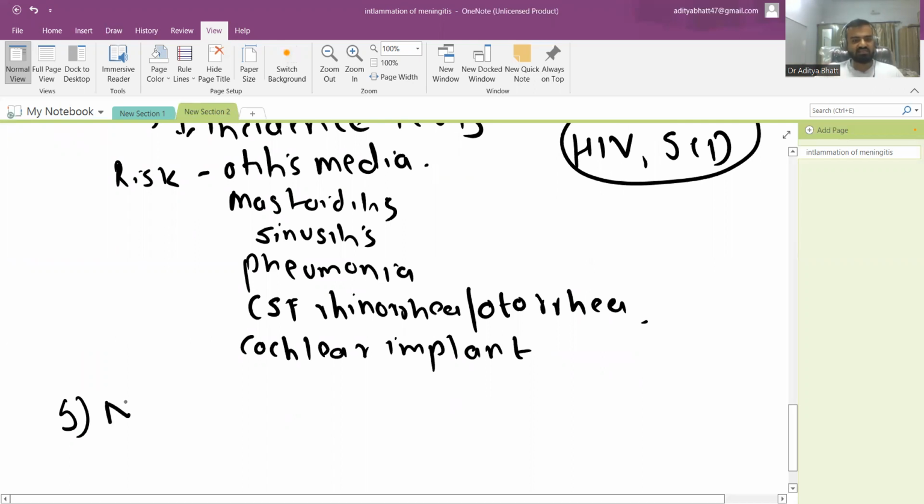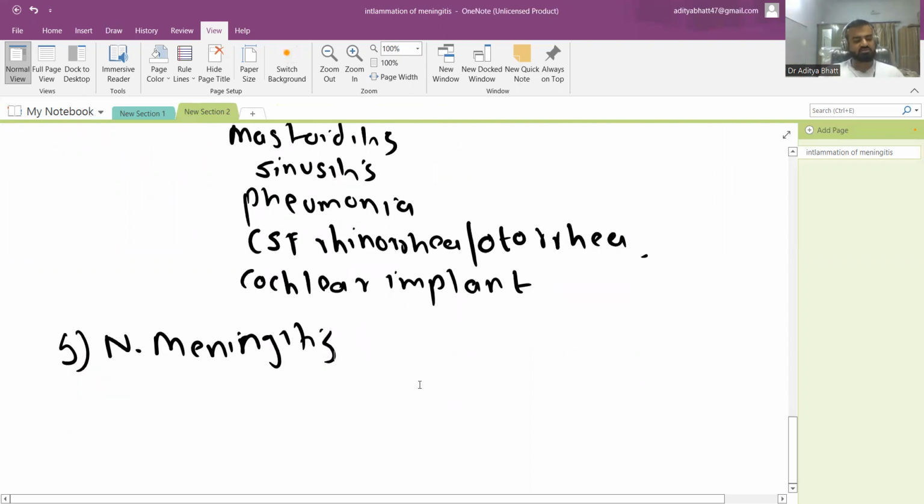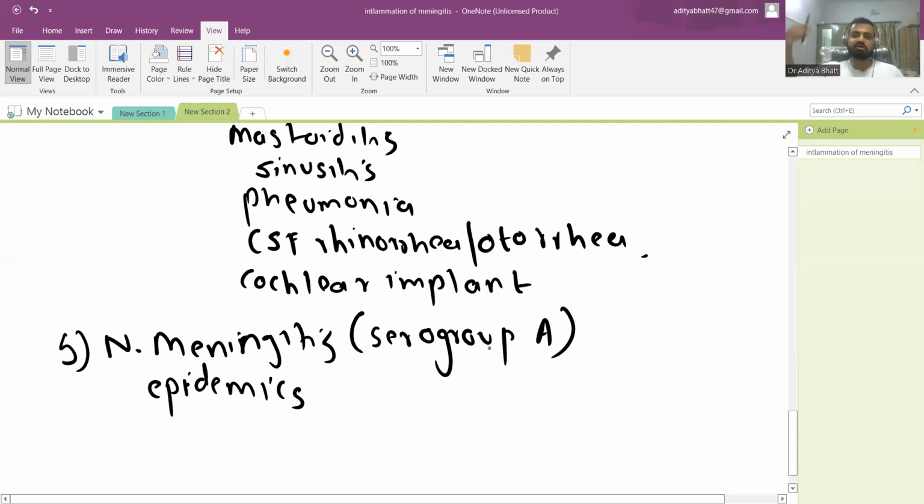Now, Neisseria meningitidis usually causes local epidemics, and serogroup A is the most common in this. And please comment down below which serogroup is not covered in the meningococcal conjugate vaccine, and I'll upload the right answer.